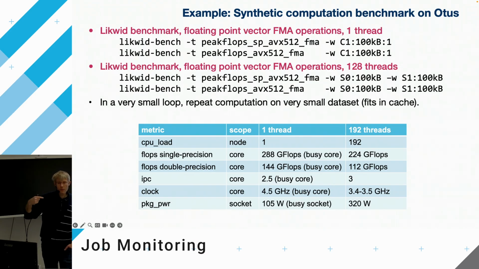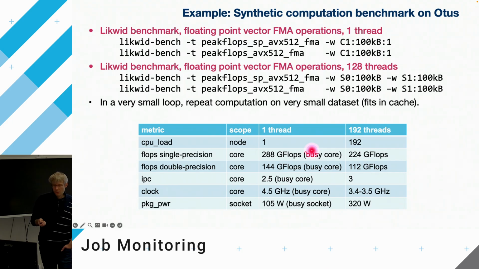Therefore, the core that the thread is running on can be clocked very high, to 4.5 gigahertz, and the other cores can have a low frequency. And the package power is a little bit increased. Well, little, it's quite increased to support the workload that is happening on this one thread.